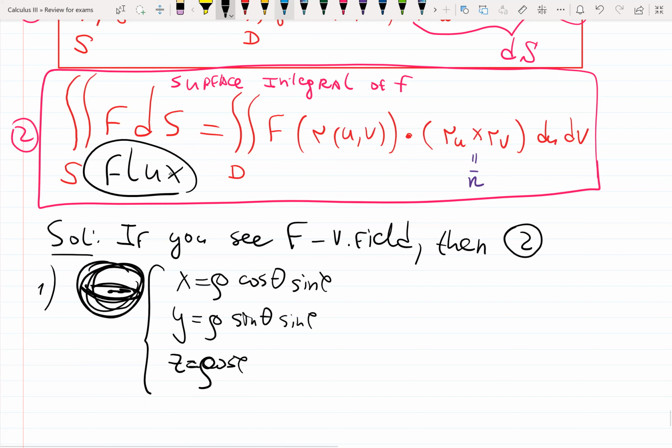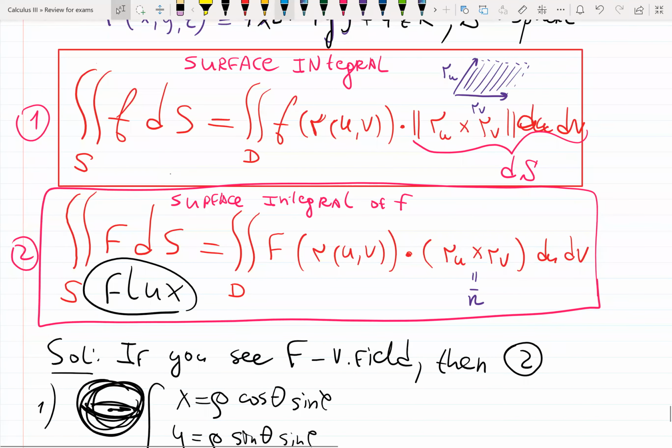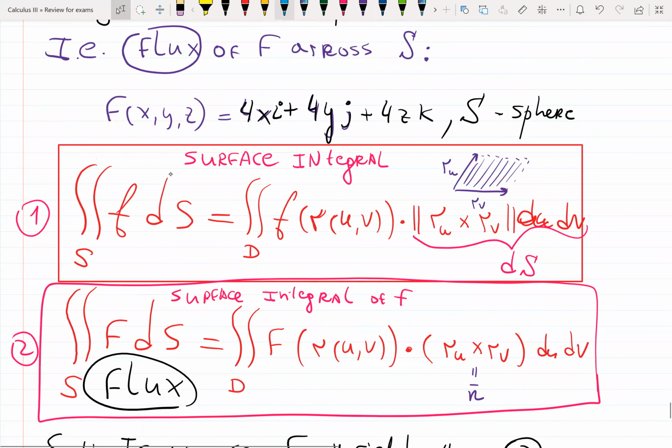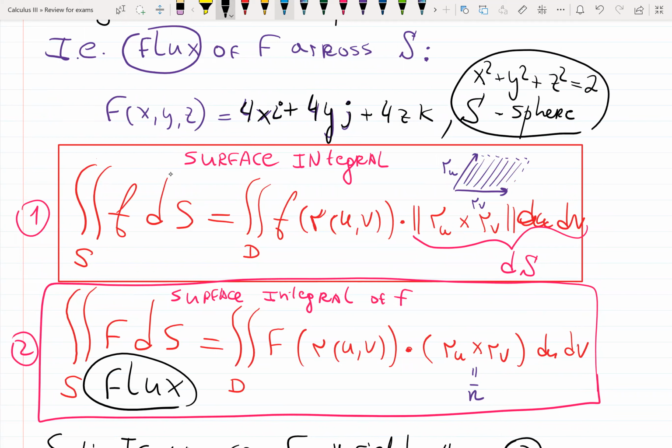Did they mention S is a sphere? Oh, they did. I did not write it down. S is a sphere. Please finish writing down. What kind of sphere? X squared plus Y squared plus Z squared equals 2. That is the sphere. A very nice sphere. Center at 0, 0, radius square root of 2.